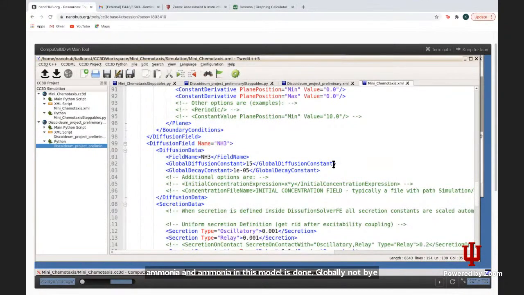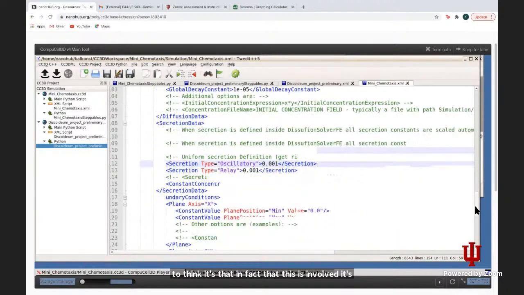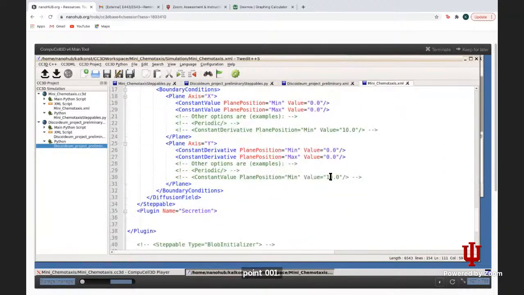So we have our global diffusion constant, which is 15. And then they didn't give a decay constant in the paper, but they did give a production for ammonia. For all cell types, I think it's 0.001. And I think that covers both of my updates with the chemotaxis and the ammonia.